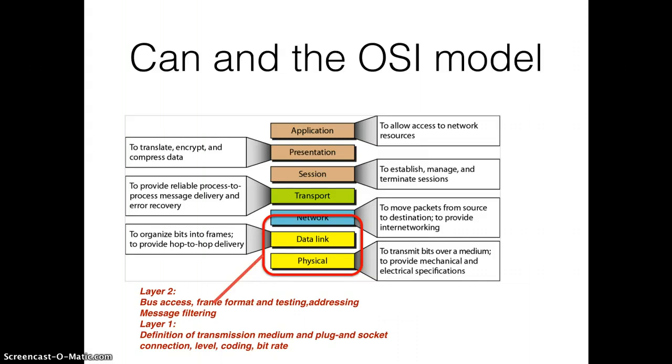But the controller implements some of the layer 1 functionality and the entire layer 2 functionality, where we can gain access to the bus, set up some frame formats, filtering, addressing, and handle transmission security and retries and acknowledge, and a lot of other things as well. So both layer 1 and layer 2 are implemented by a typical CAN node in hardware, we could say.